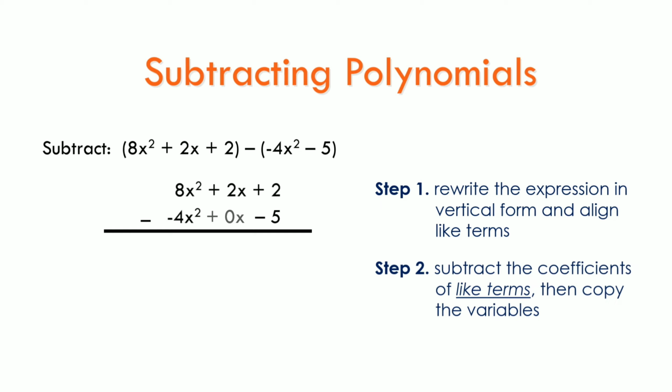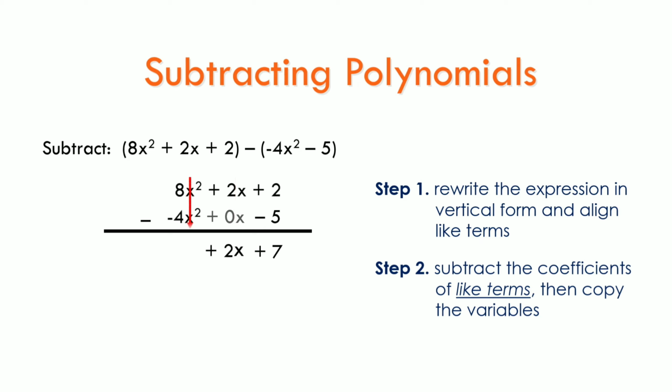Step 2. Subtract the coefficients of like terms, then copy the variables. Here we have 2 minus negative 5. The answer is just positive 7. Next we have 2x plus 0x. Again, since 0x is just 0, then let's just bring down 2x.